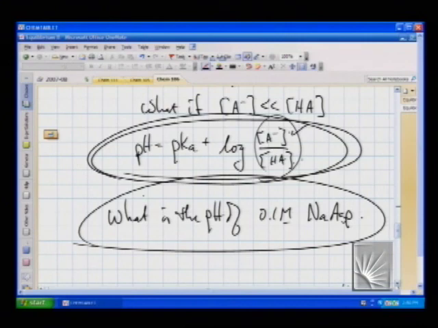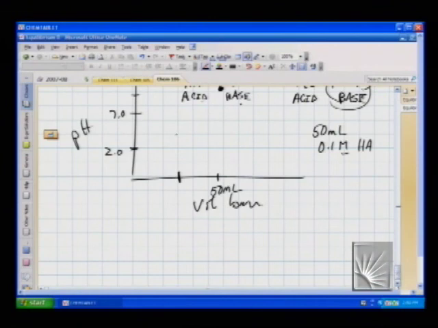Exactly the same amount. If I start with 5 millimoles of weak acid and I neutralize half of it, I've used up 2.5 millimoles. How much weak base do I make? 2.5 millimoles. What's this ratio equal to at the half equivalence point? 1. What's the log of 1? 0. So if you're at the half equivalence point, you get pKa.